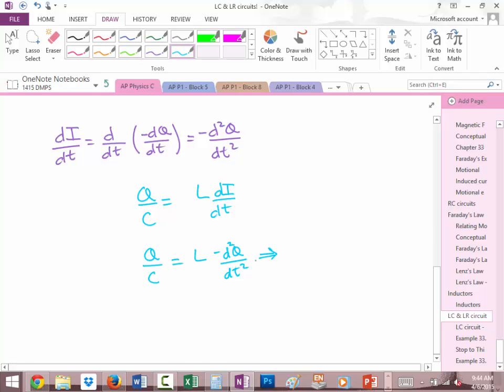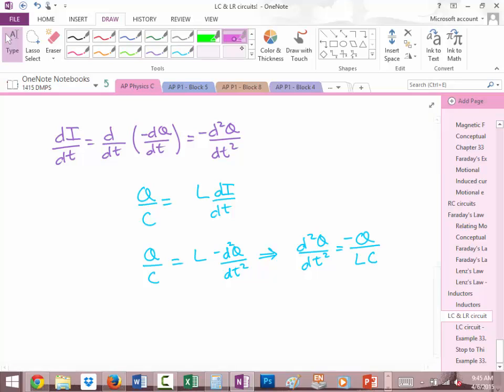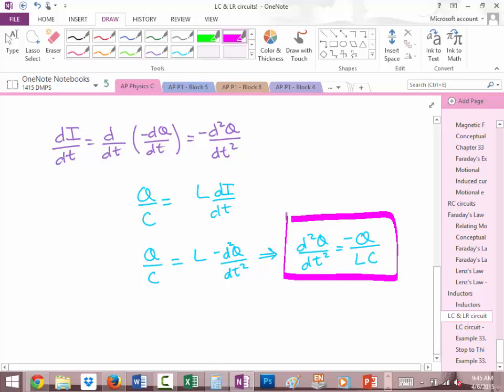And so really, I'm just going to write that with the d squared Q dt squared by itself is equal to negative Q over L times C. And this thing right here, I'm going to put a box around, and then I'll show you why. Partially just because it's really cute. So cute, right?